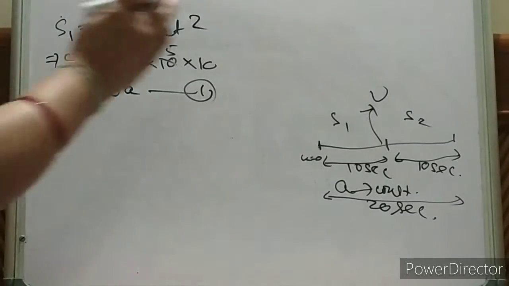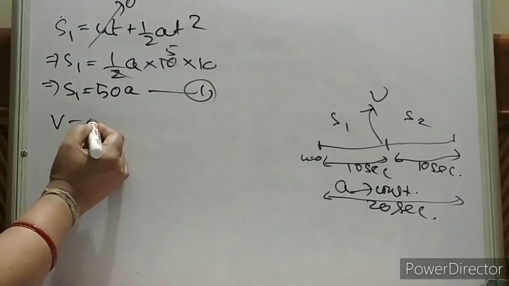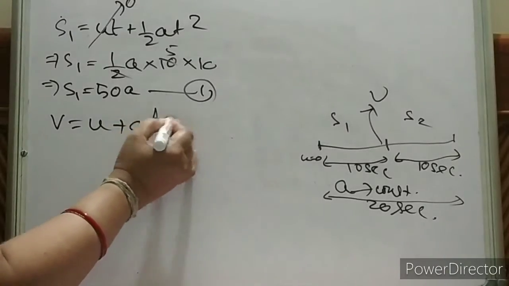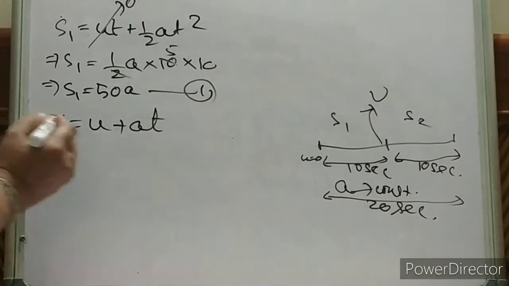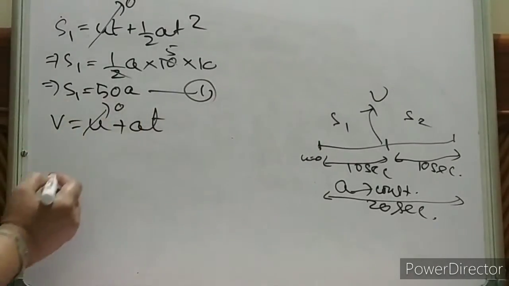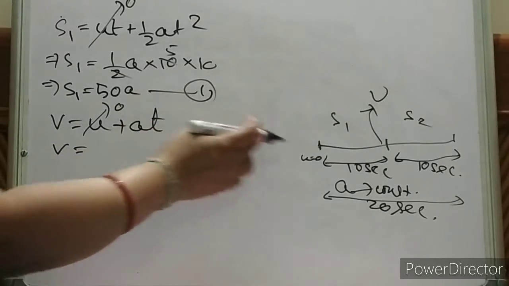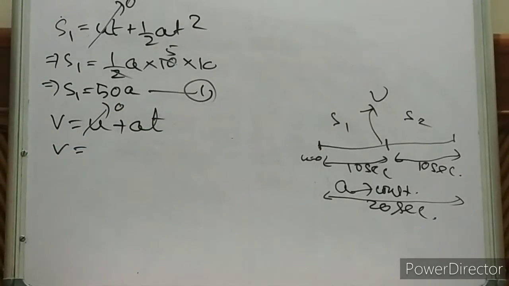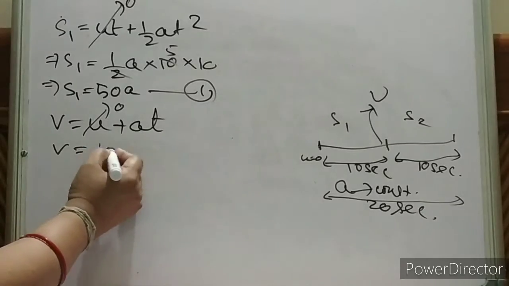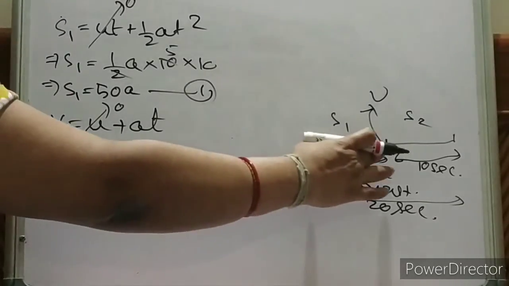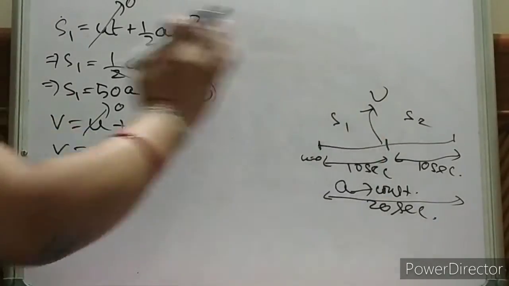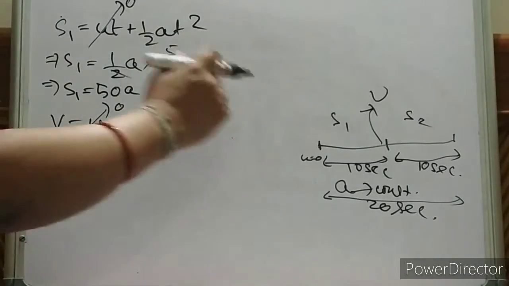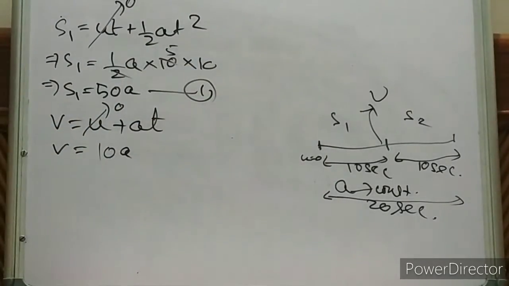Now first we have to find out this velocity. So v is equal to u plus at, easy. u is 0. So what is v now? t is 10 seconds, so we can write 10a. So within these 10 seconds the particle has acquired some velocity. Clear?